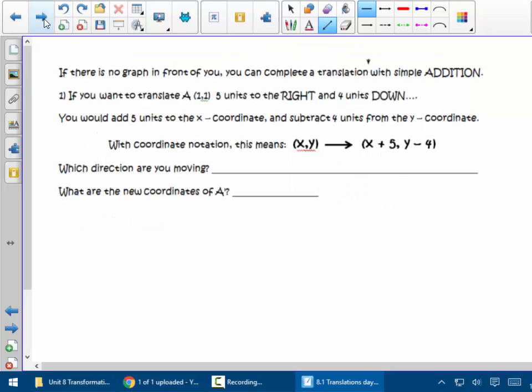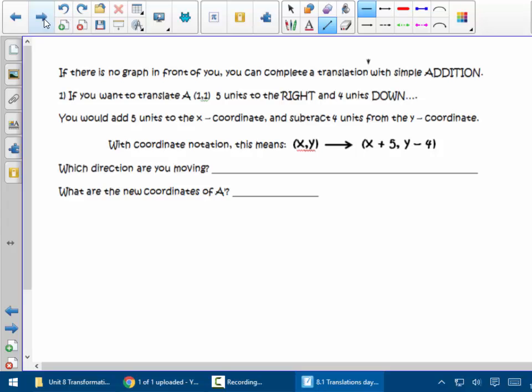If there is no graph paper, and we talked about this on yesterday's video, you can complete a translation with a simple addition or a subtraction. If you want to translate, for instance, A, which is 1, 1, 5 units to the right and 4 units down, you would add 5 units to the x coordinate and subtract 4 units from the y coordinate.